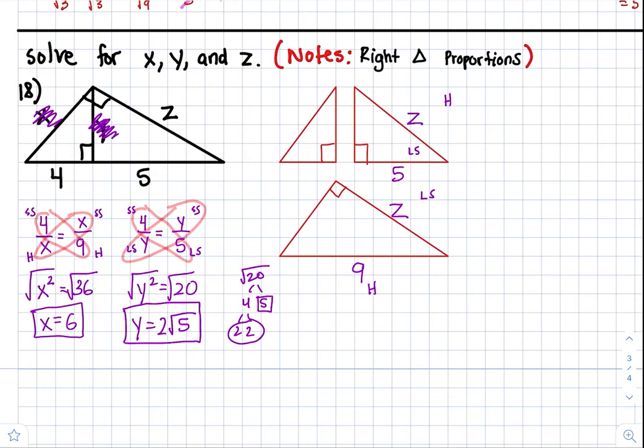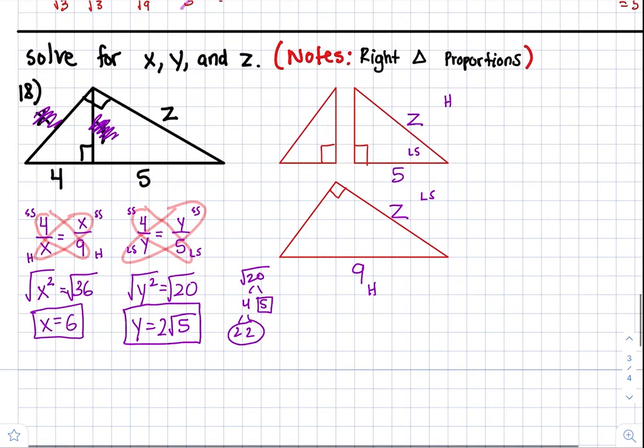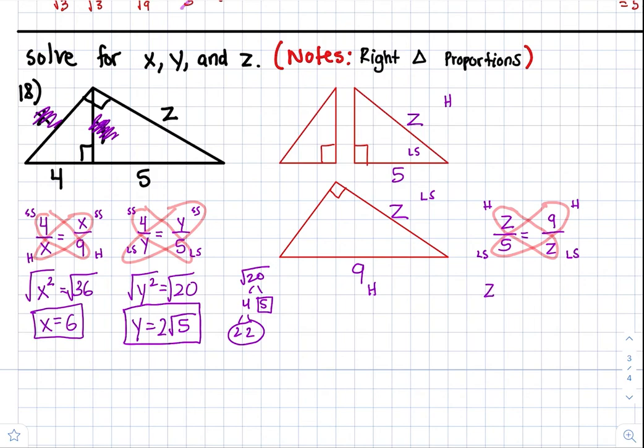So when we make a proportion, you can set it up however you want, so I'm going to do hypotenuse over long side this time, as opposed to the first time we solved for x. And for the other triangle, it better be hypotenuse over the long side. You cross multiply. z times z is z to the second. 9 times 5 is 45.